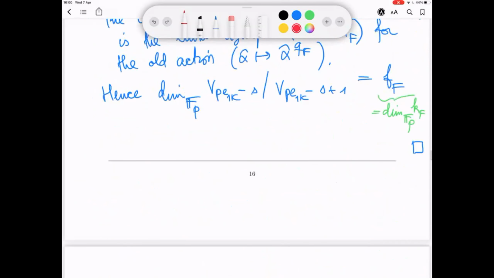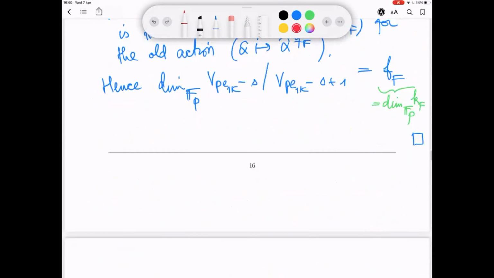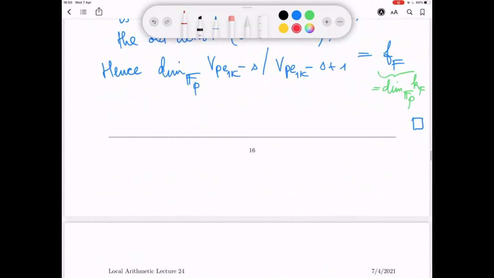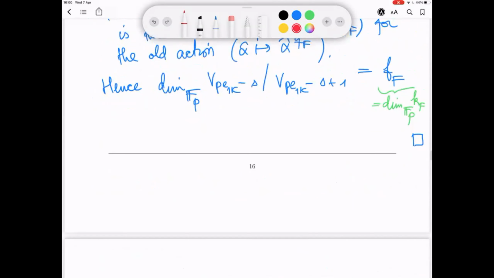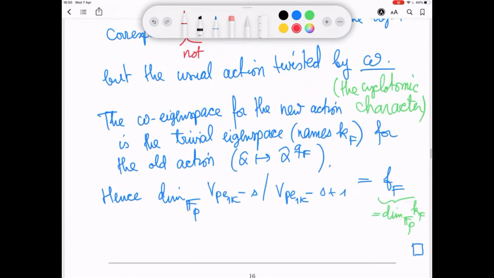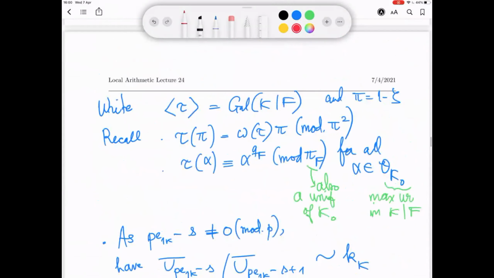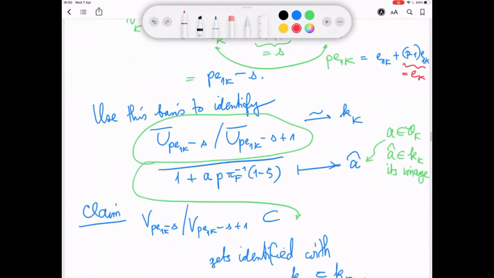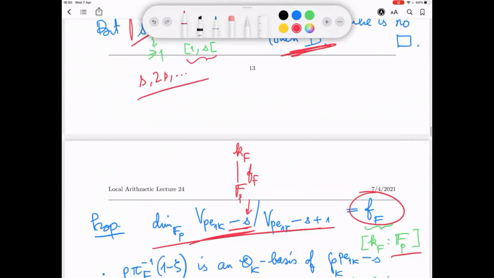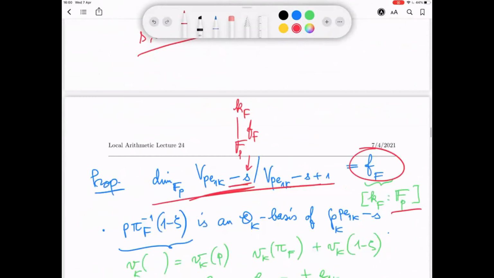Okay, so let me summarize this. Yeah, so this is what we want to show.